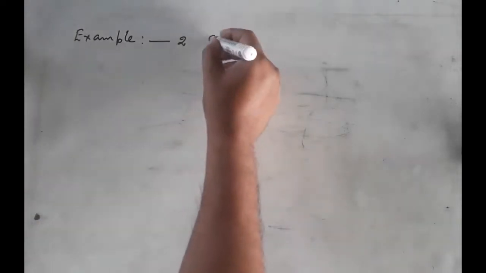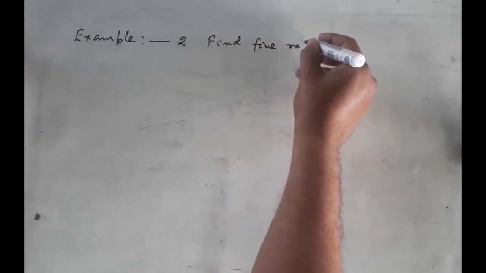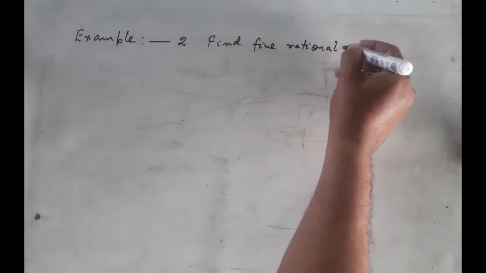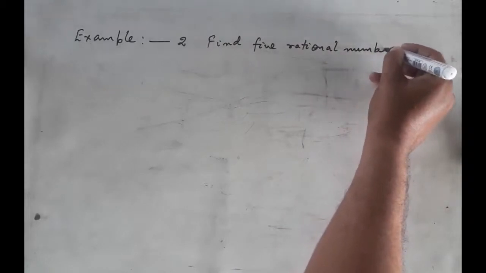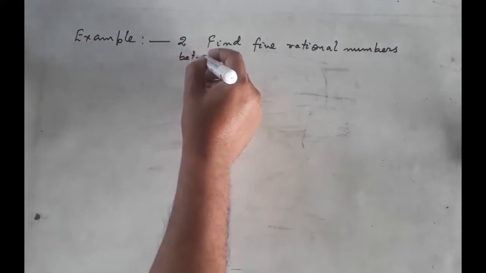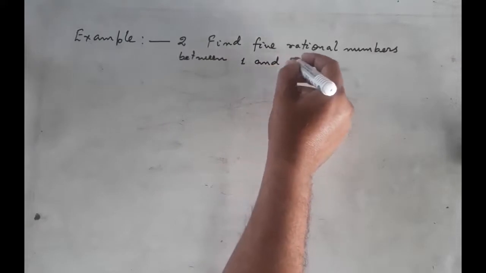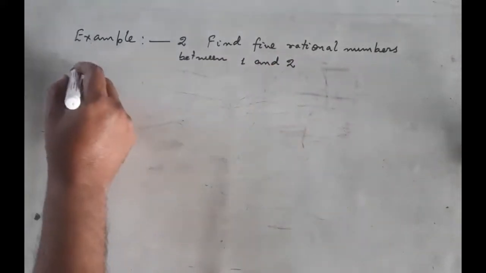What is your example second? Find 5 rational numbers between 1 and 2. Solution.